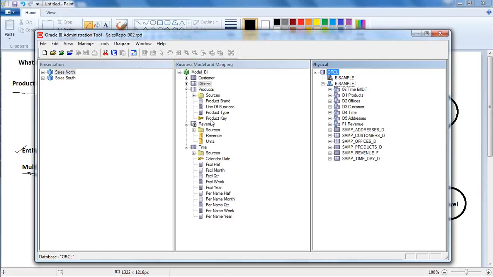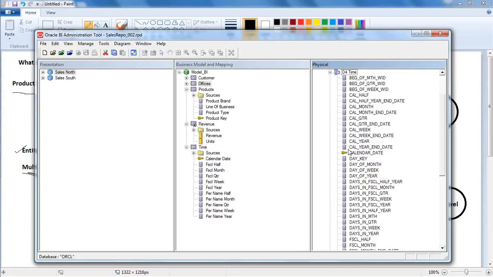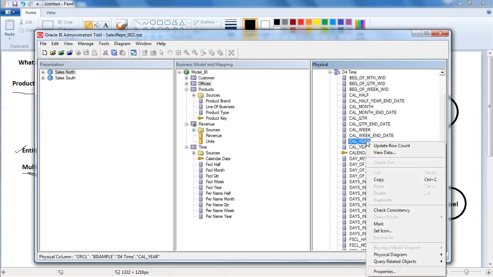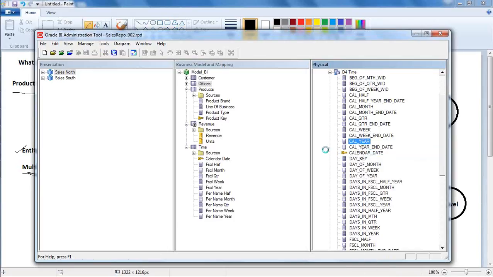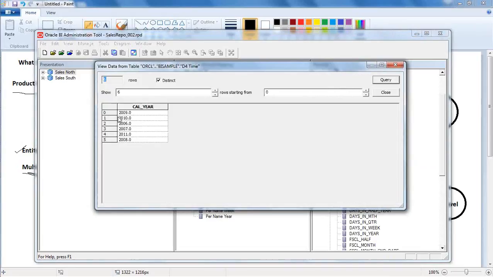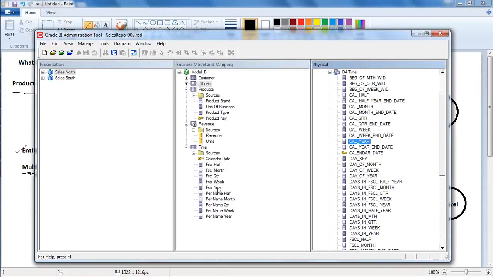There could be some numbers here, for example in my time dimension, I may have the year. If I look at the year, the values are 2009, 2010, 2006, 2007. So these are numbers only, right? They are not text. So why am I keeping my year here? Why can't my year go there?